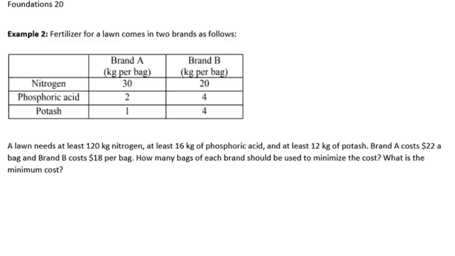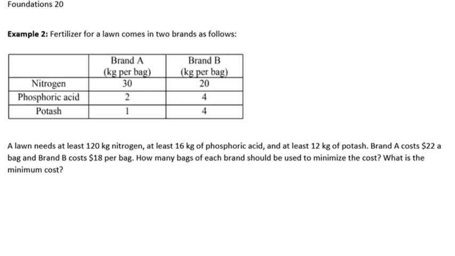Example 2. Fertilizer for a lawn comes in 2 brands as follows. So we have brand A, which has 30 kilograms of nitrogen per bag, 2 kilograms of phosphoric acid, and 1 kilogram of potash. Brand B has 20 kilograms of nitrogen in the bag, 4 kilograms of phosphoric acid, and 4 kilograms of potash.